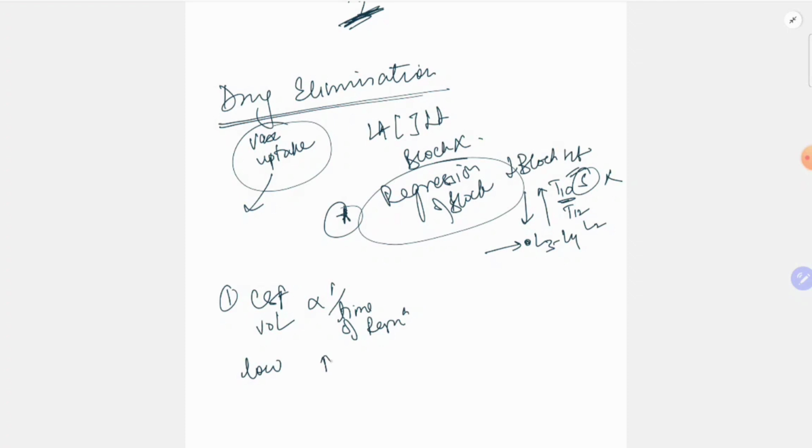That means the time for reduction in the block height would be more. In other words, the duration of action would increase, so the spinal will go on for a longer time. We might not have to give a lot of drug in such a situation, because a smaller dose would give me a peak block height for a longer time. This happens in the elderly, where the CSF volume is low by their own physiology.